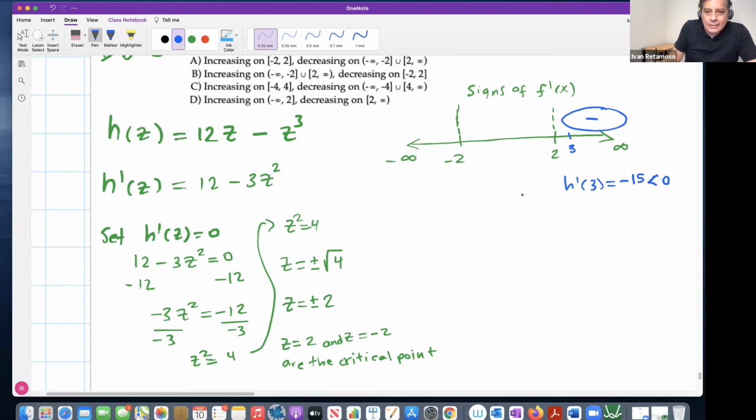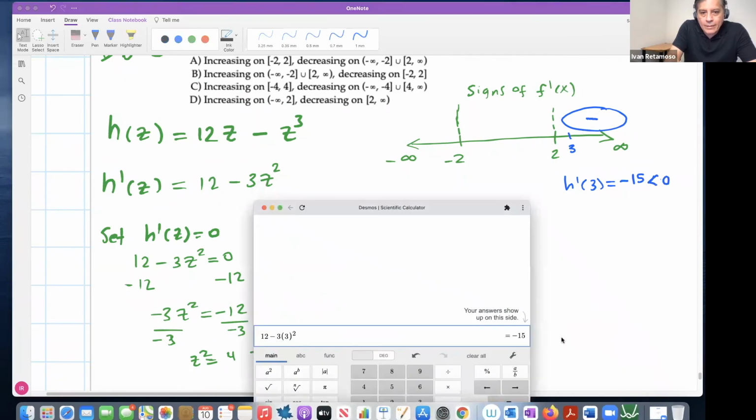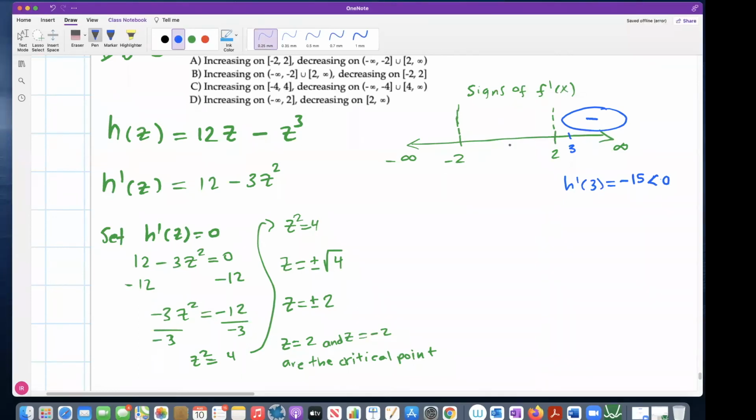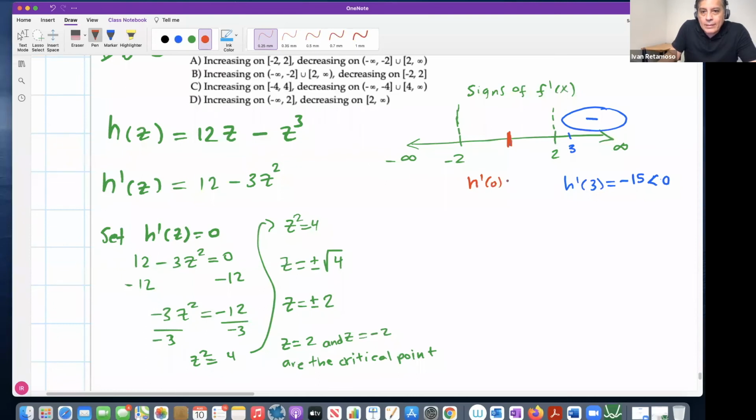Now, this guy in the middle, let's figure out what it is. For that, what test point do you think we should take for the one in the middle? 0. Very good. 0 is the most convenient number when it comes to evaluations, right?